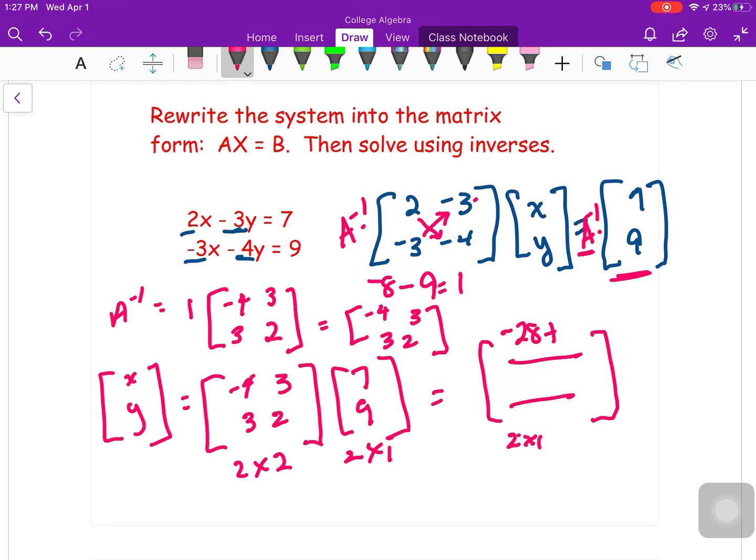Negative 4 times 7 is negative 28, plus 3 times 9 is 27. 3 times 7 is 21, plus 2 times 9 is 18. So X is a negative 1, and Y is a 39.